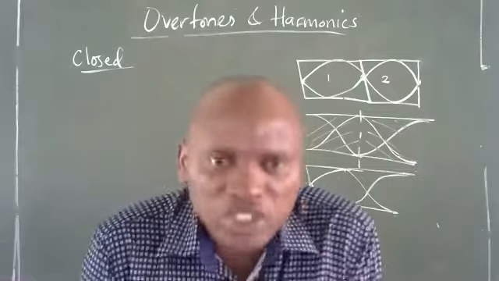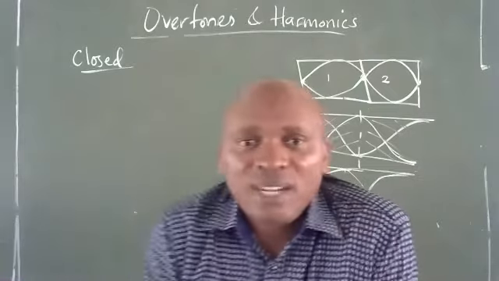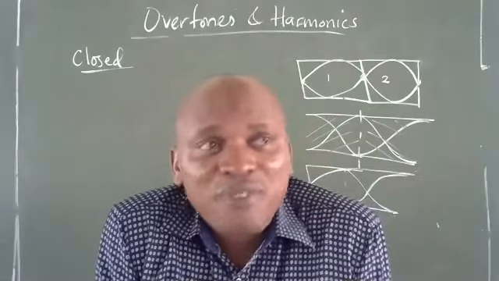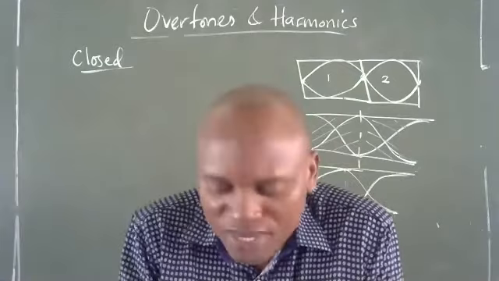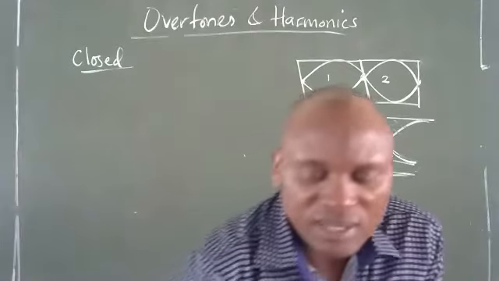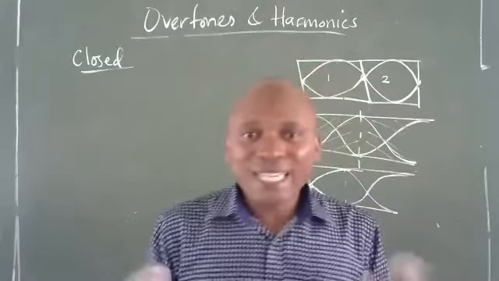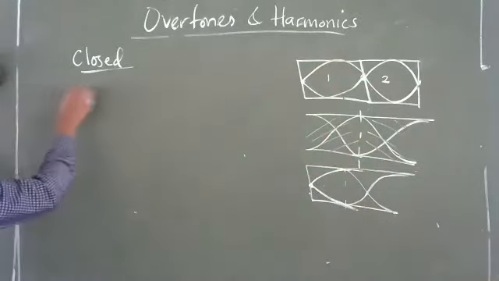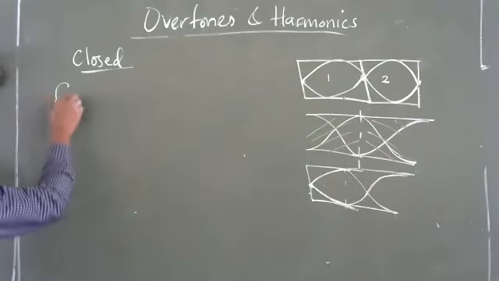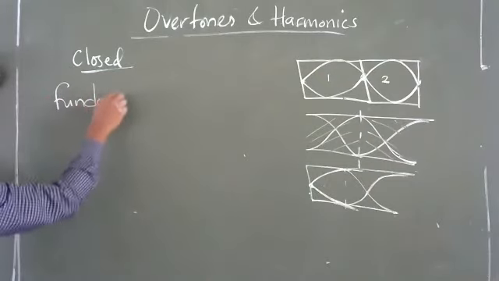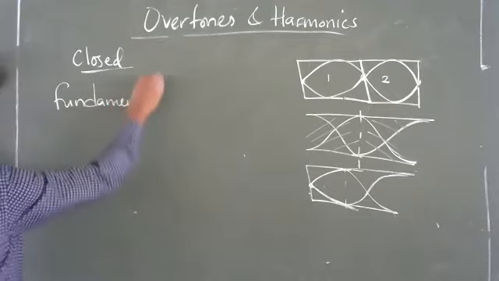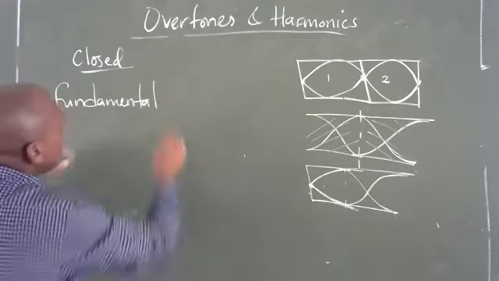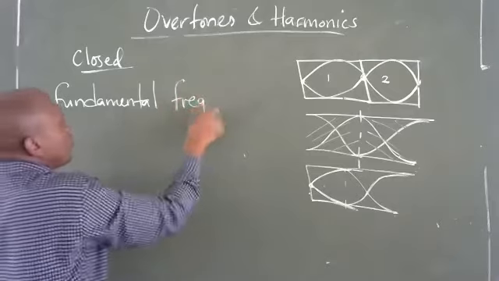Now the first shape is the tone. That first shape in all the pipes has a special name. The special name that we give to the beginning shape, the one we start with, is called the fundamental. Okay, we can say fundamental tone, but first we shall call it fundamental frequency.